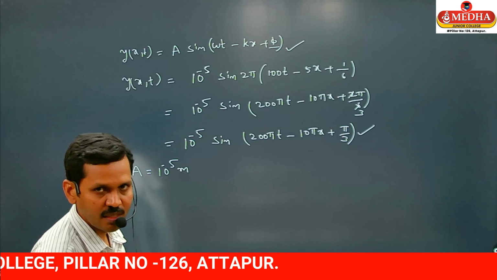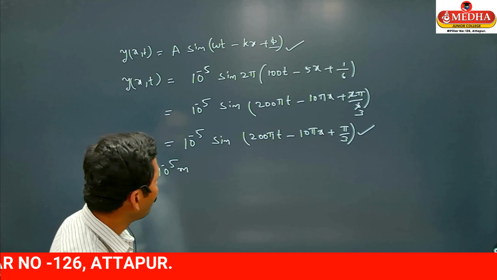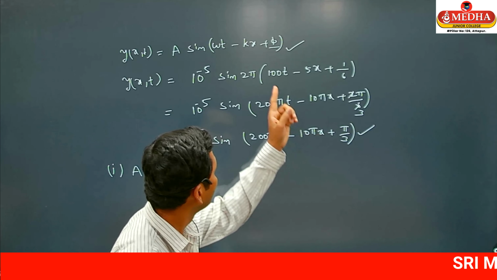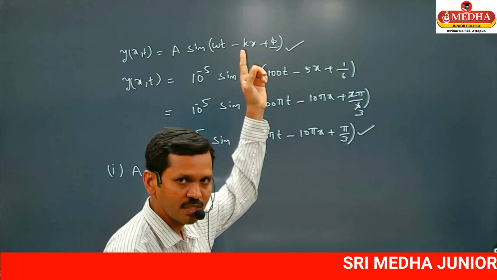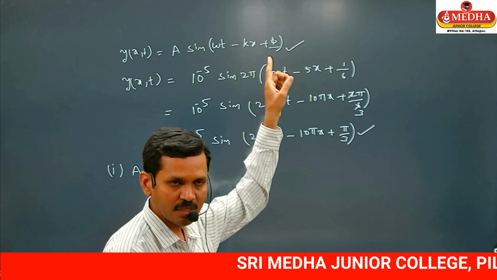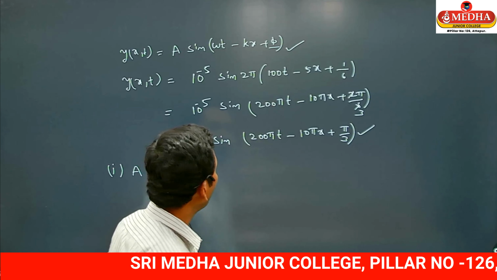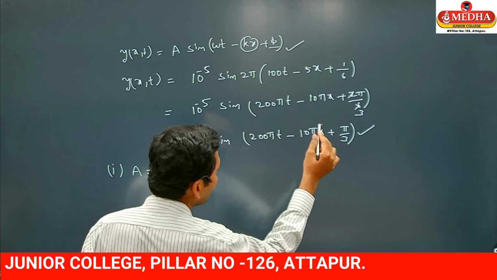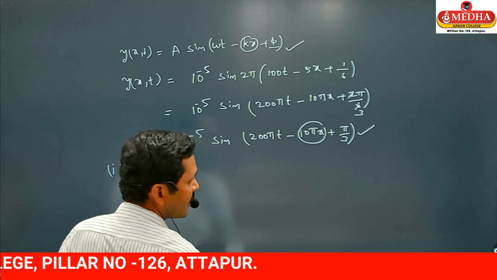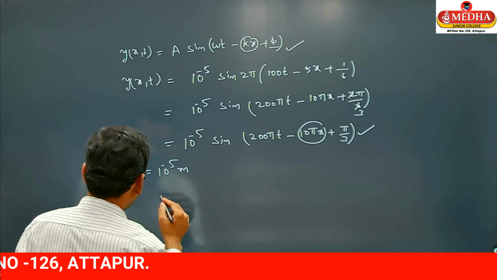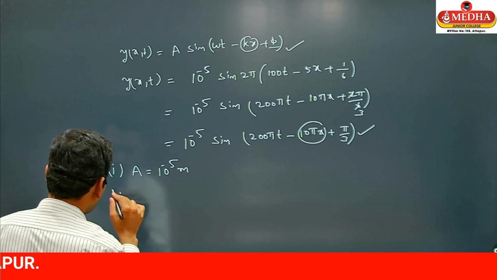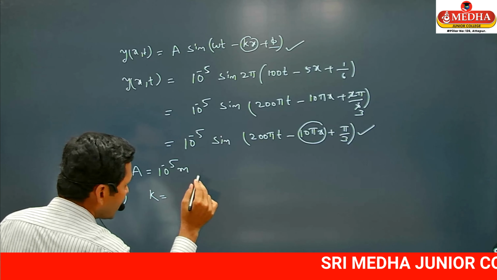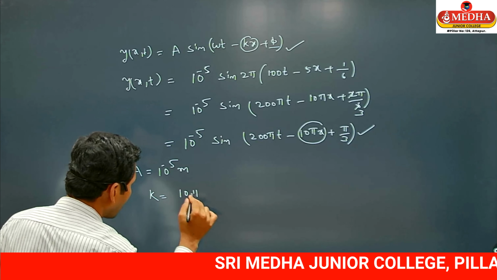Second one I am calculating here, the wavelength. Wavelength means, already we know, the x coefficient is k. See, in the standard equation we have kx, so the x coefficient is k. When comparing, the x coefficient here is 10 pi. So the x coefficient k is equal to 10 pi here.